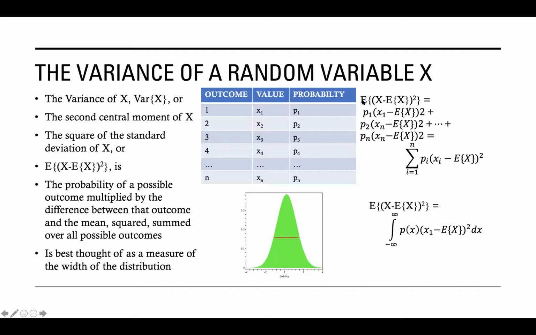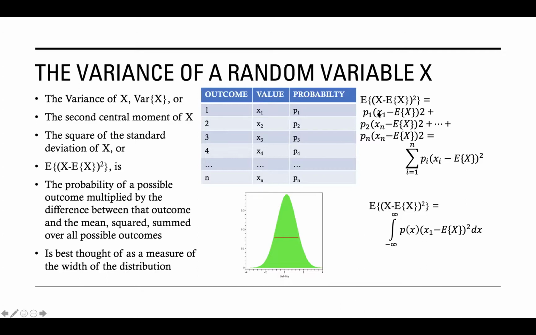So the variance is the expectation of x minus its expectation, quantity squared. Oh, all my little 2's got in the wrong place. All these 2's are supposed to be exponents on this parentheses.